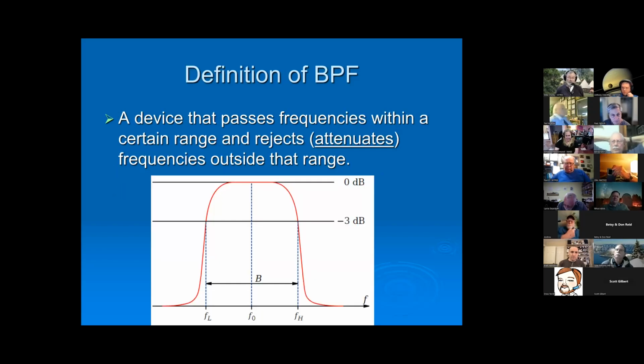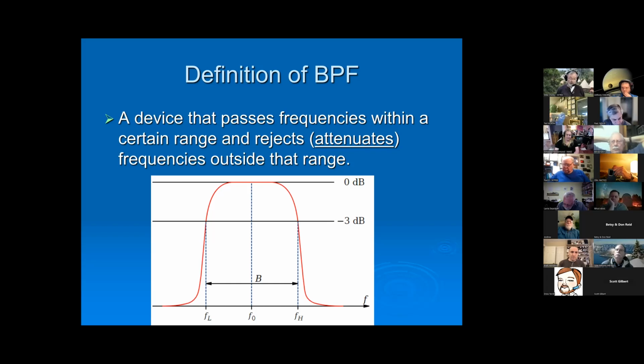So what's a definition for a bandpass filter? It's a device that passes frequencies within a certain range and, well, it doesn't necessarily reject, but it will attenuate frequencies outside the design range. Here in the red, I have a nice little diagram.